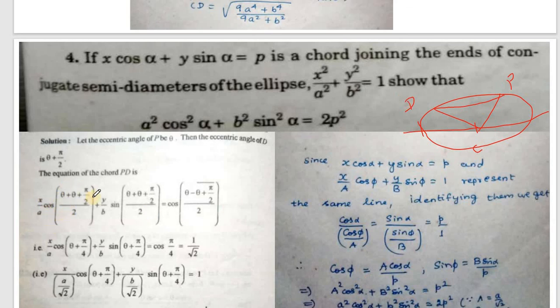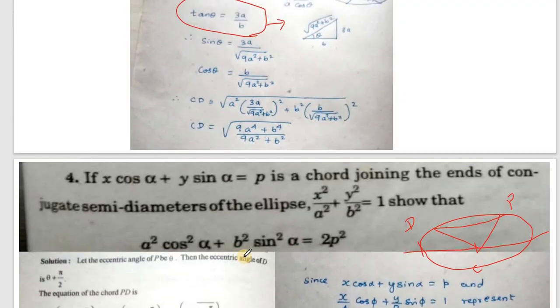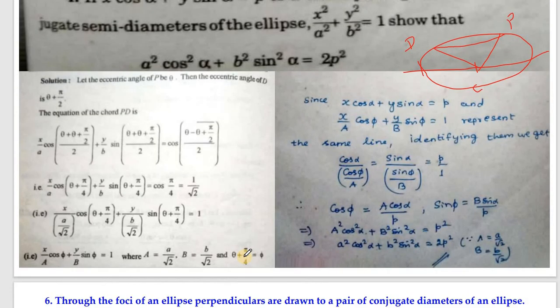So x by a cos theta plus y by b sin theta is equal to... cos theta minus pi by 2 is used here. So instead of theta you have theta plus pi by 2, this is what we have. And then that is further simplified, so that you can have x by capital A cos phi plus y by capital B sin phi is equal to 1, where the relation between theta and phi is also given.